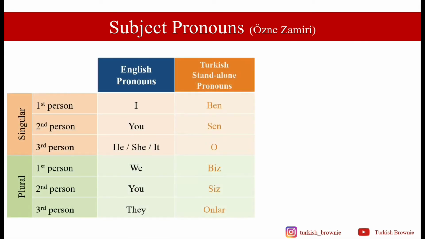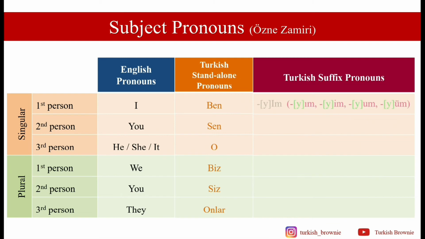And we have seen that the Turkish standalone subject pronouns are ben, sen, o, biz, siz, and onlar. And the suffix personal pronouns are for ben, which means that it can take 4 forms, im, with the connecting y if the last alphabet of the word is a vowel.